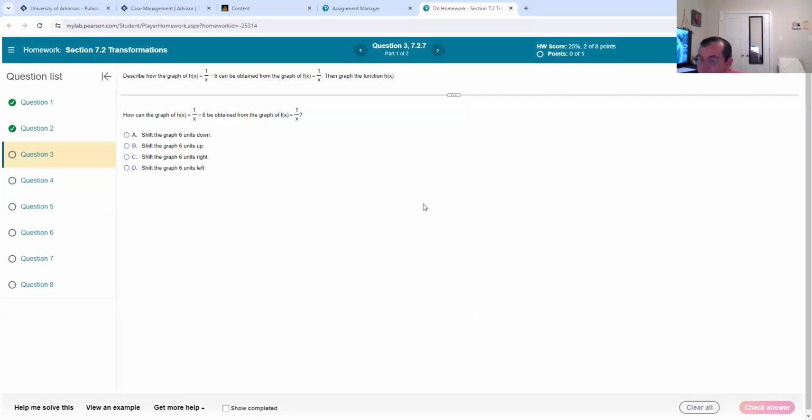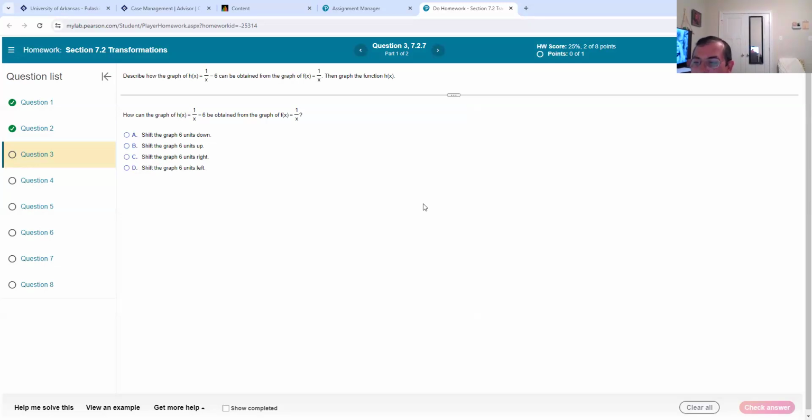All right, y'all, so one more and then we'll do our break. How about that? So this one has h of x equals 1 over x minus 6. Now look, they're telling you you're starting with the basic graph f of x equals 1 over x.